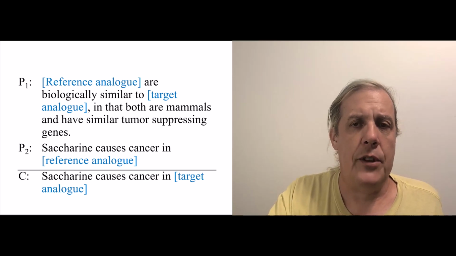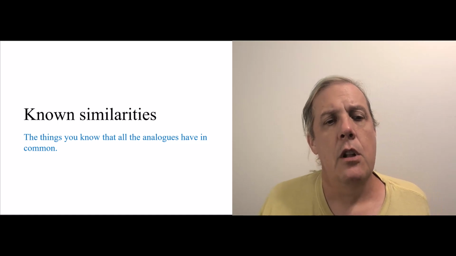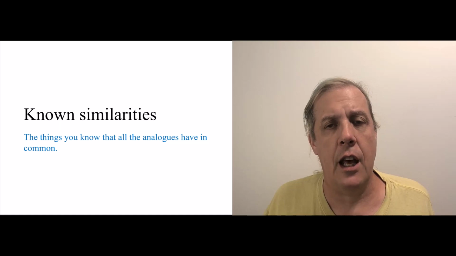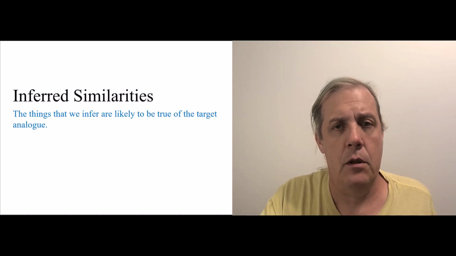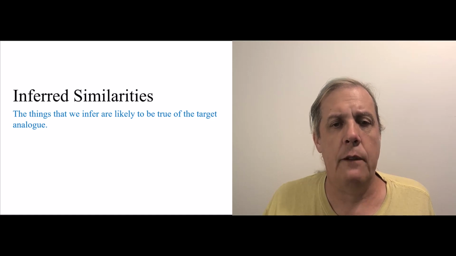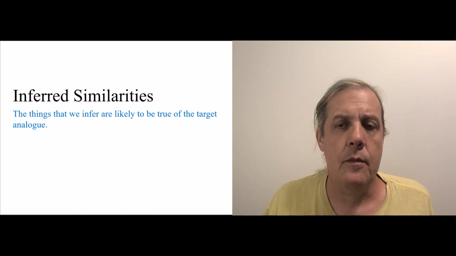We also want to talk about the similarities between the two analogs. The known similarities are things that you know that all of the analogs have in common, and the inferred similarities are things that we infer are likely to be true of the target analog.